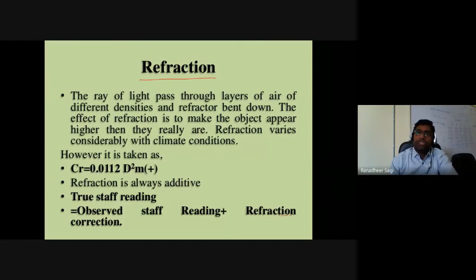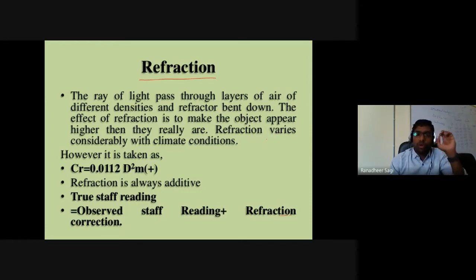When the object I am trying to focus on appears higher than its exact position, the readings taken on the leveling staff are improper, and the observed value is going to be lesser than the true value.